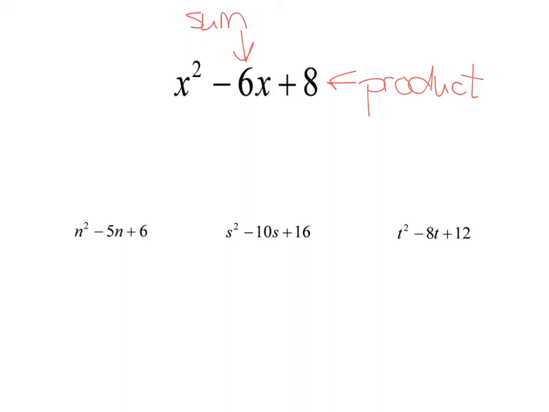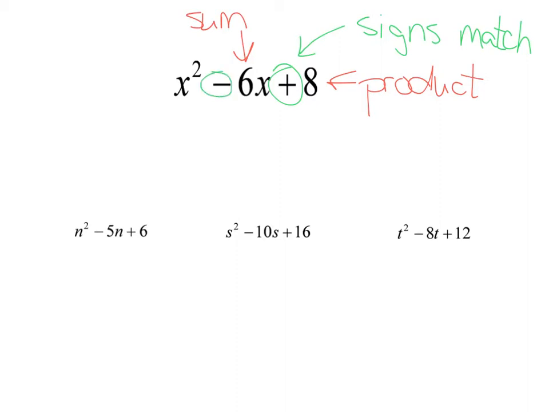Now, since this is positive, that's a product, how do we get a positive when we multiply? We either have to have two positives or two negatives, right? So this last term being positive tells us that our signs have to match. That's important. If the last term is positive, it tells us our signs have to match because we're multiplying. And when you multiply two signs that match, you get a positive.